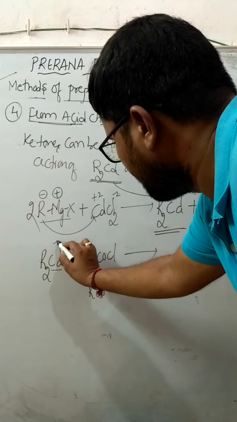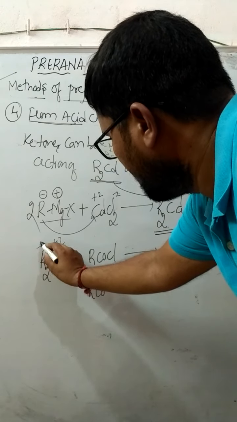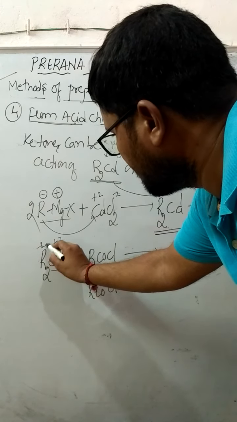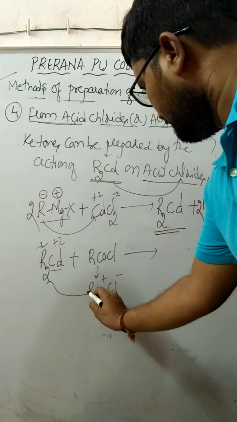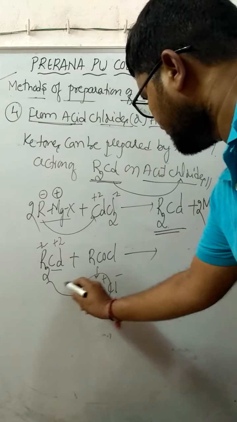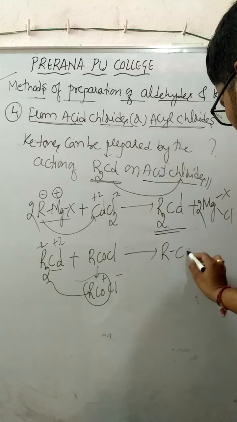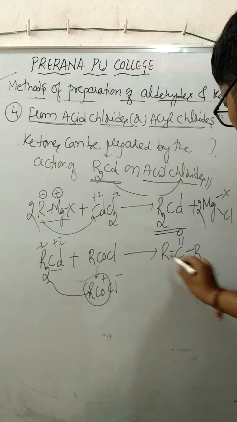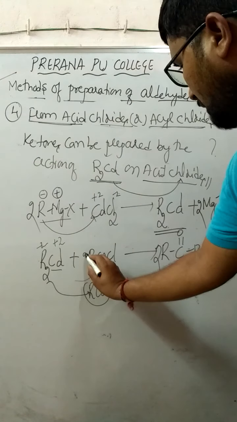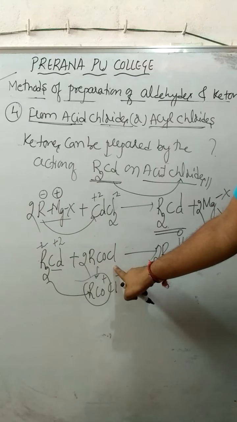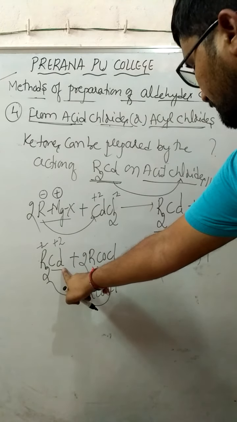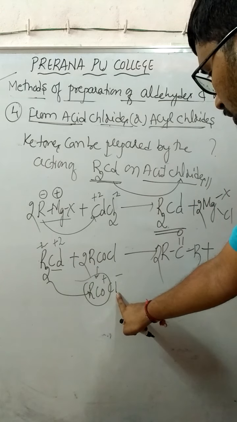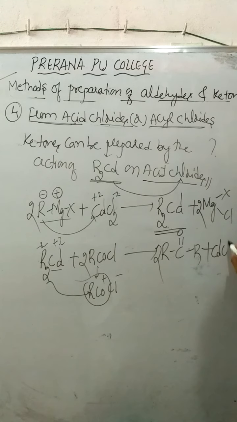Since cadmium is a metal, it ionizes as plus 2 and the alkyl groups will have minus 2 charge because one alkyl will be minus 1. So this alkyl will combine with RCO plus. I can write it as RC double bond OR, how many times? 2 times. Now I'll balance the equation as 2 times RCOCl, that will give rise to ketone, along with what is left out? Cadmium is left, along with chloride ion. I can write it as CdCl2, that is cadmium chloride.